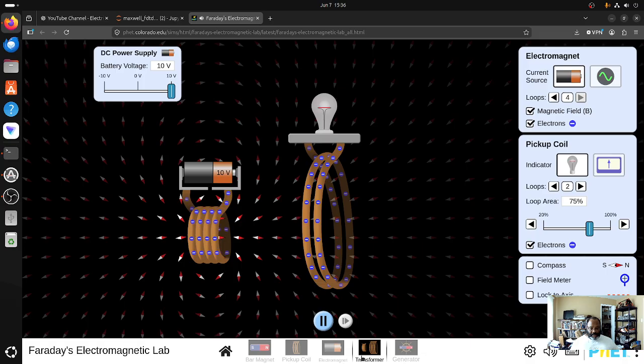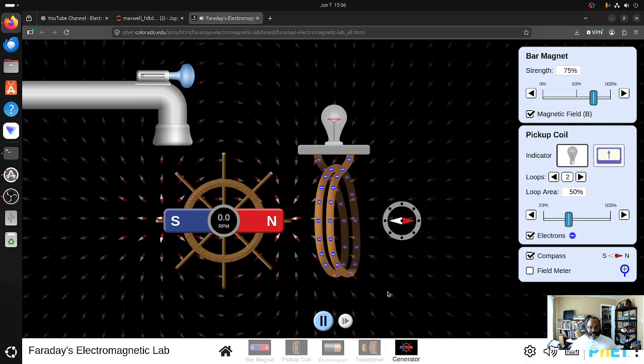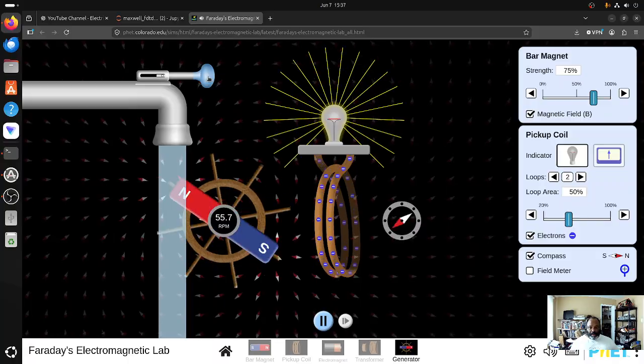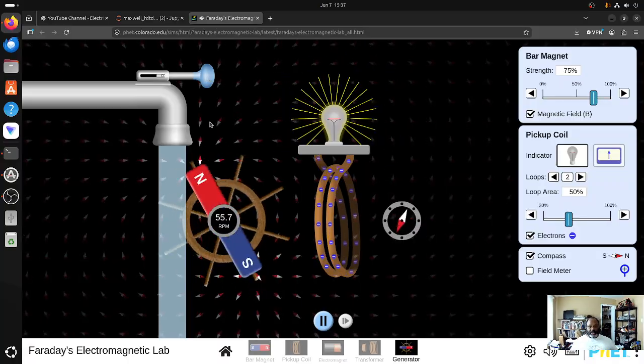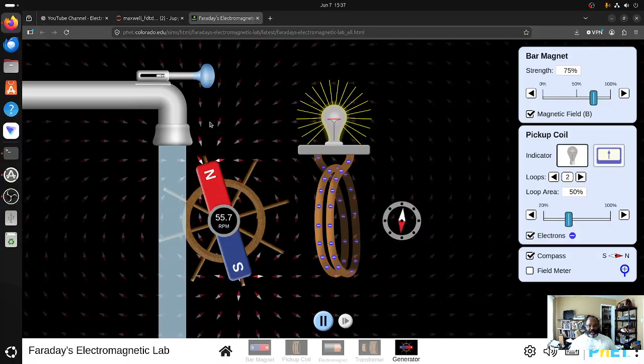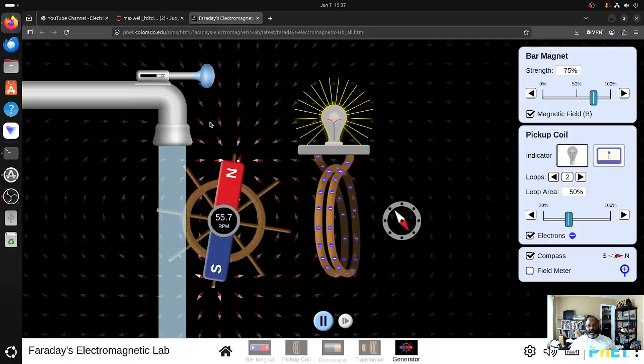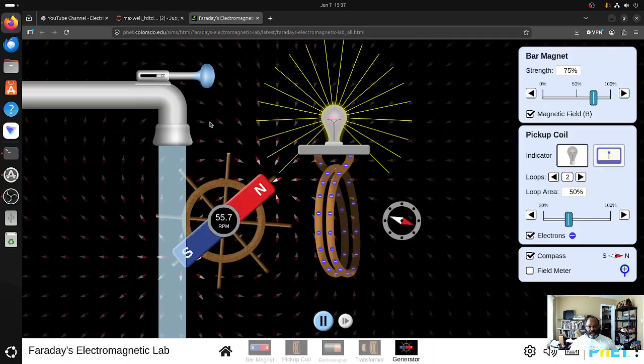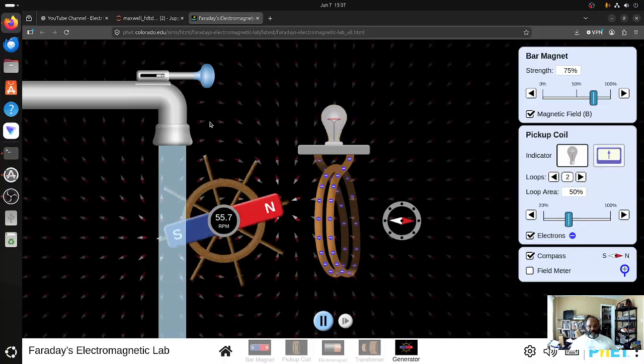And I think the last one over here basically shows that if I turn this magnet around by letting this paddle wheel turn under the force of water, then this is generating a changing magnetic field.